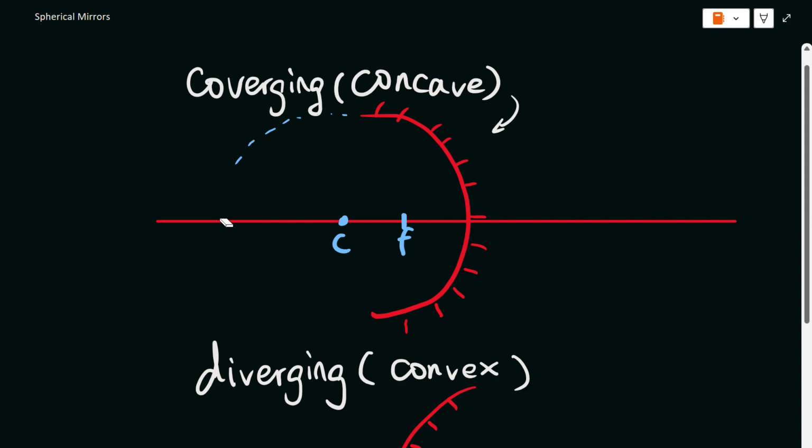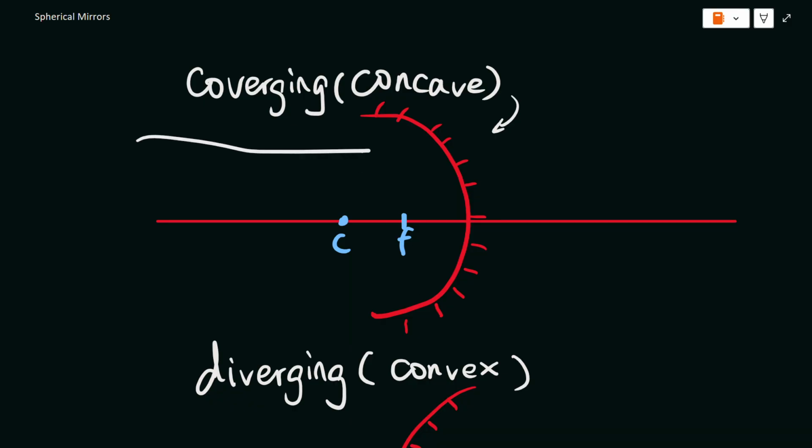Remember, the focal point is always at half the distance of the radius of this concave mirror. Now, if we draw an incoming light ray like this, it will reflect off the reflective surface of the mirror with a normal line through the center.